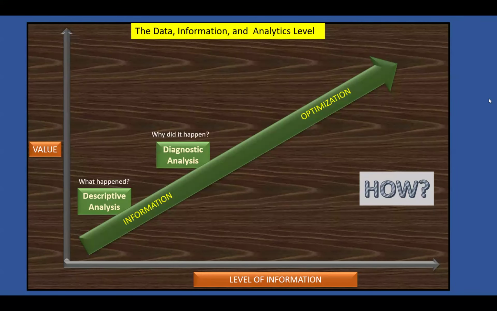Second is diagnostic analysis: why it has happened. Here you can do a different type of analysis by the vegetative index, or sometimes a temporal analysis by taking multiple sets of images. If any damage has happened, then why has it happened?